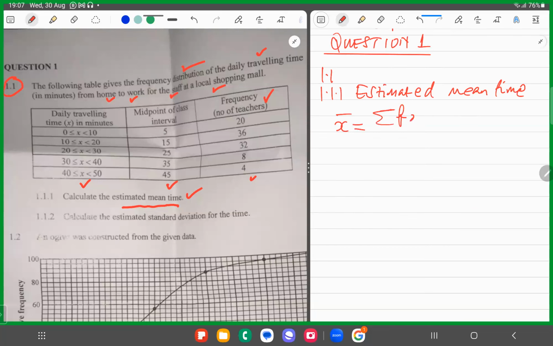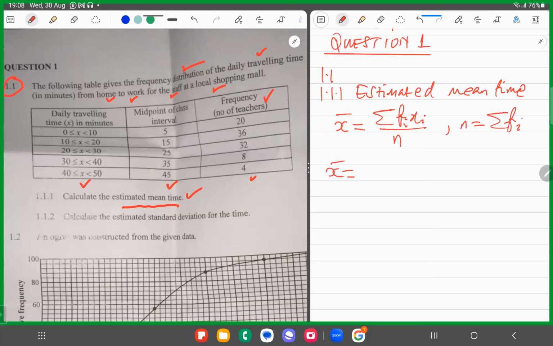It is the sum of fx divided by n. So you can say the sum of fi xi divided by n. Right, so this n is actually the sum of the frequencies.